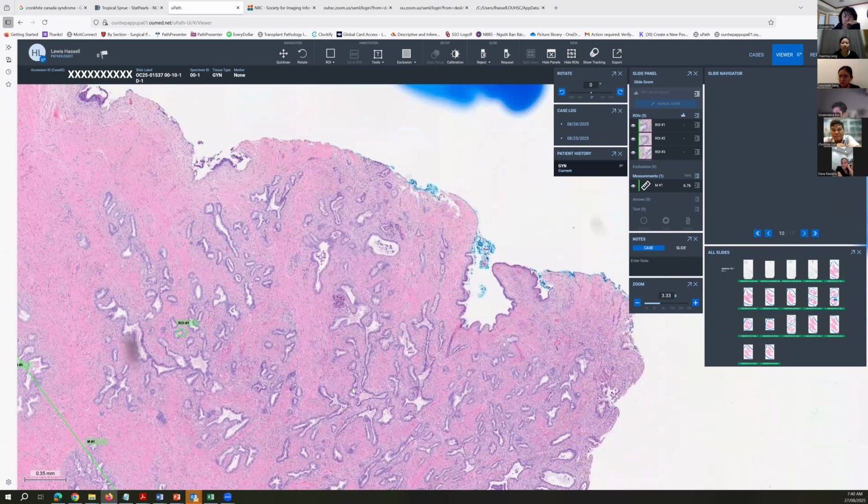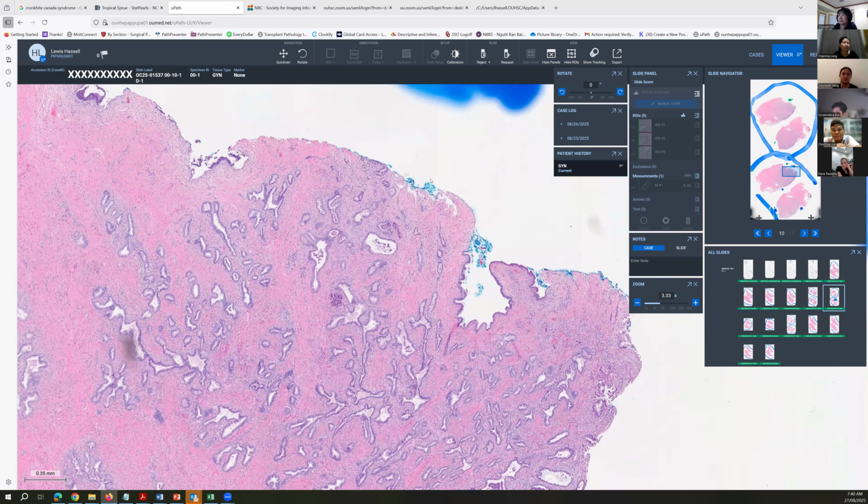So here you'll see we put ink on the endocervical margin. This blue coloration here on the edge of the sample is a graphical proof for us that the neoplastic process extends to the endocervical margin.